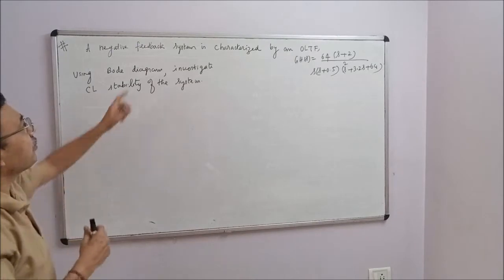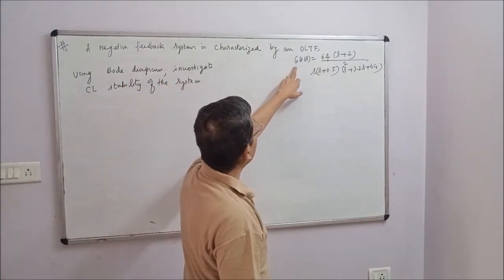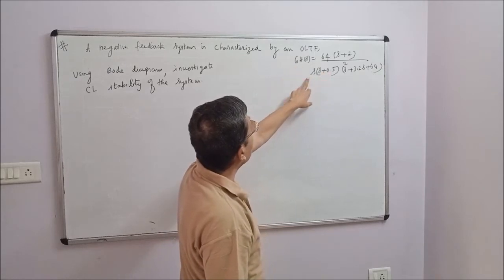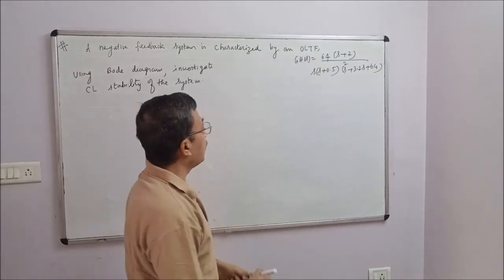A negative feedback system is characterized by an open loop transfer function GH of S is equal to 64 into S plus 2 by S into S plus 0.5 S square plus 3.2 S plus 64.